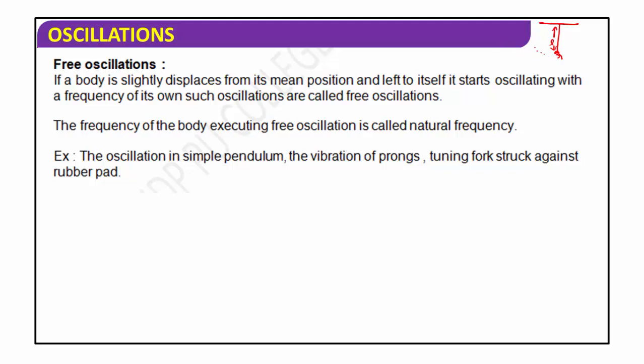When this body is slightly displaced from its mean position and left to itself, it starts oscillating with a frequency of its own. These types of oscillations are called free oscillations. Already all of you have performed this experiment in your laboratory. Free oscillation means if the body is slightly displaced from its mean position and left to itself, it starts oscillating with the frequency of its own.